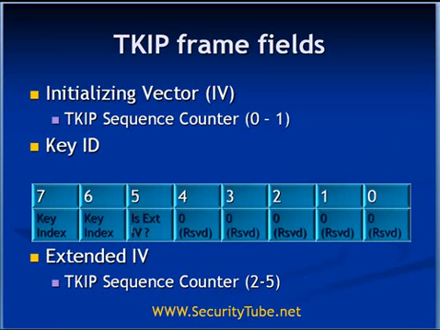Now we must be able to distinguish between TKIP packets and WEP packets. Other than this extended IV field, there is no indication in the MAC header that this is a WEP packet or this is a WPA-TKIP packet.